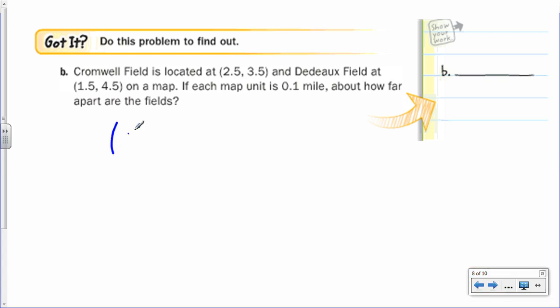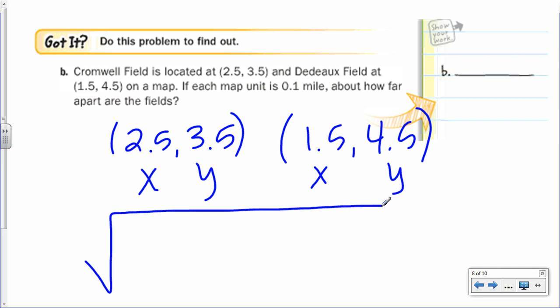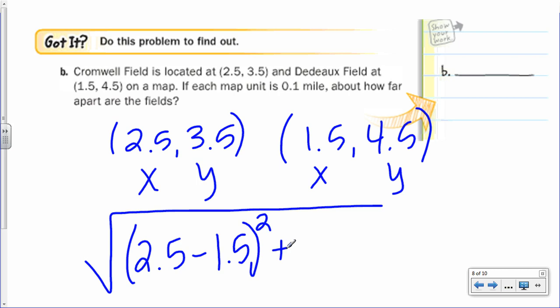So let's see, we've got 2.5 and 3.5, and 1.5 and 4.5. So we've got an X and a Y, X and a Y. So plug that into my formula. X is first, then my Y's.